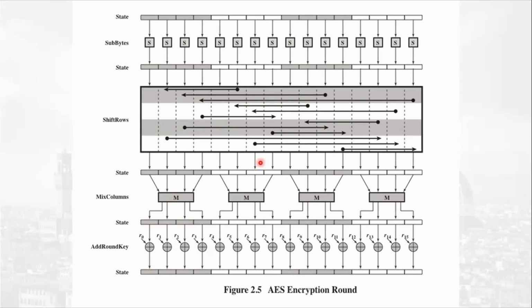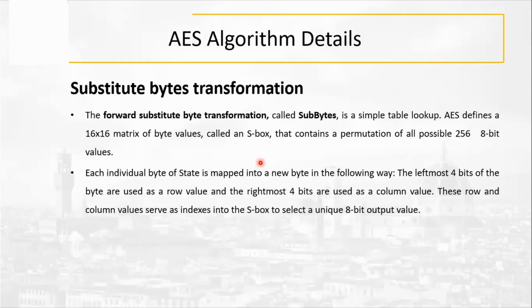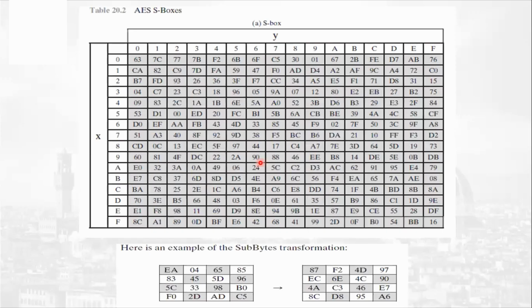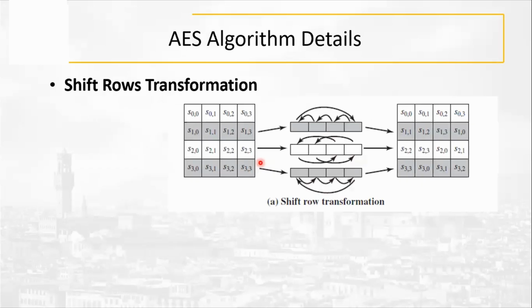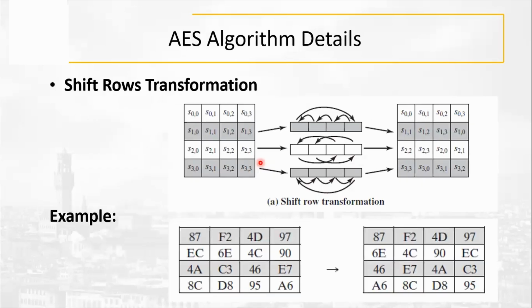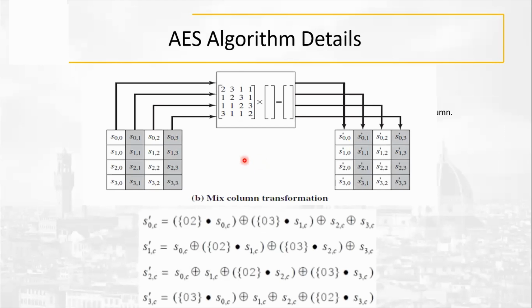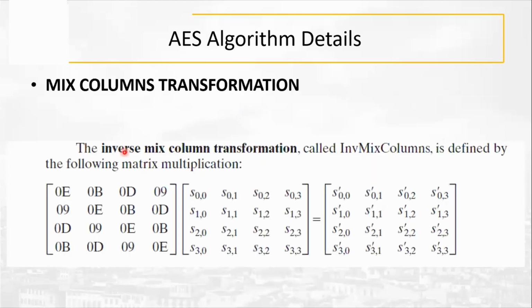Okay, so this is the bigger picture of AES that we have seen up till now, and we have seen these steps in detail. If you remember, substitute bytes, shifting of rows, mixing of columns. So this is the matrix multiplication that we have seen. This is the reverse or inverse mix column, which is used for the decryption process. And this is fixed.